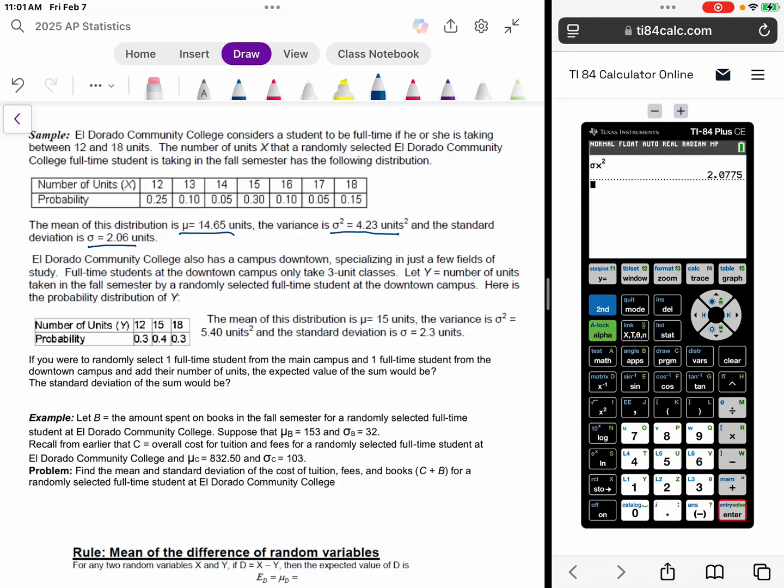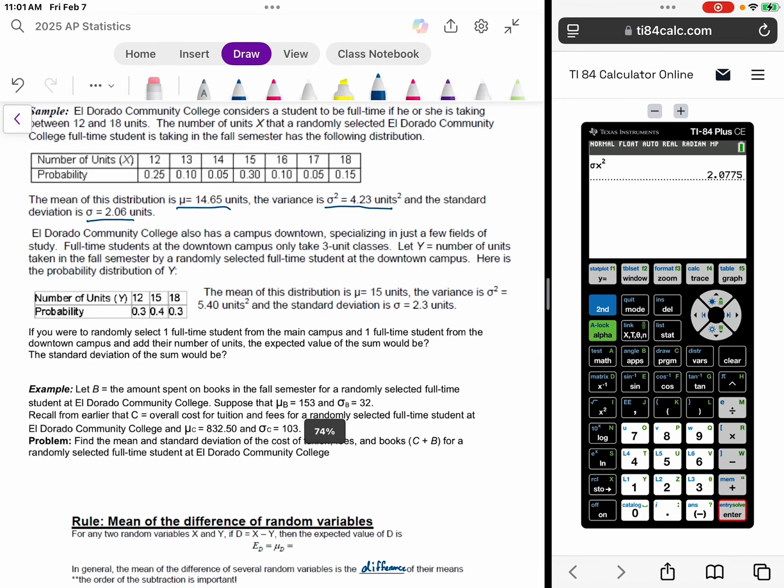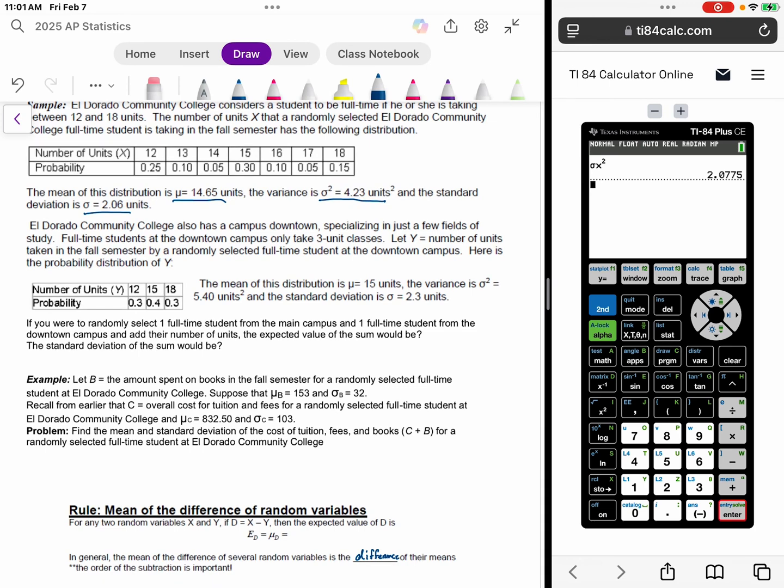Y is equal to the number of units taken in the fall semester by a randomly selected student at the downtown campus. Here's the probability distribution of Y. So they either take 12, 15, or 18 credit hours, with 30%, 40%, 30%. The mean, variance, and standard deviation for the downtown campus is listed over here to the right.